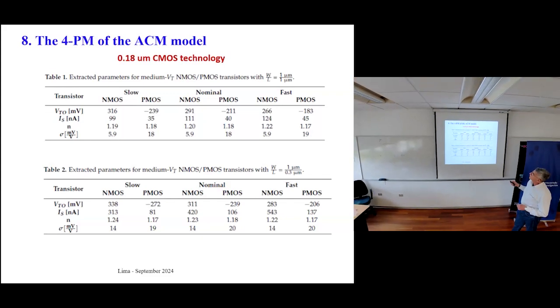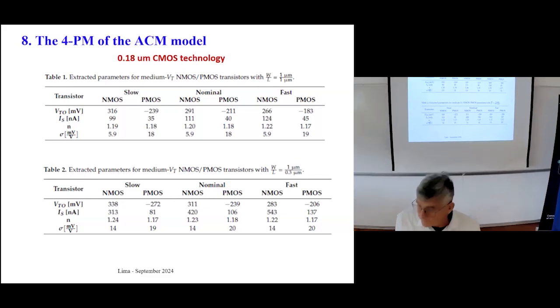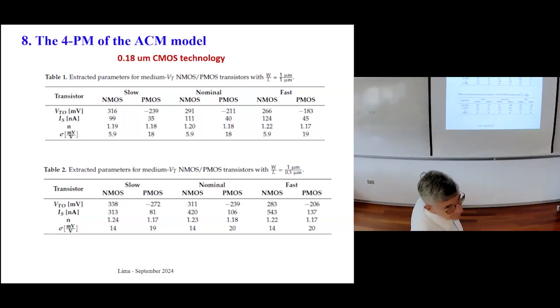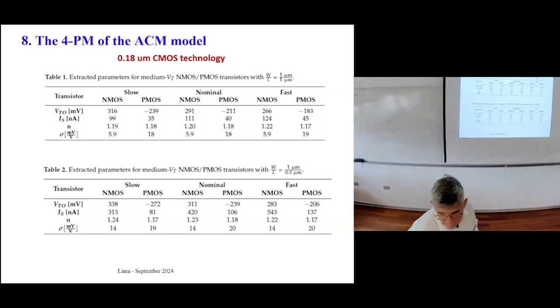This is what they call the slow parameters. What means slow? If you use this transistor here and this one, your circuit will be slower. And if you use those on the right, they will be faster.